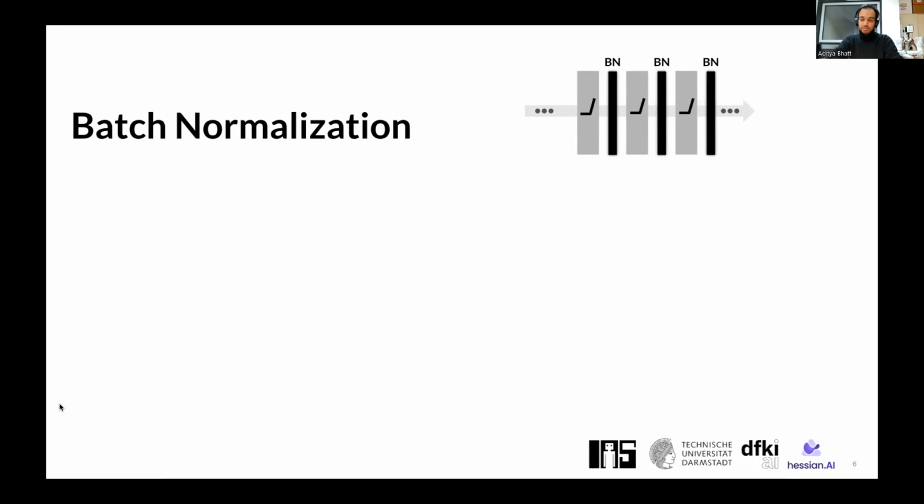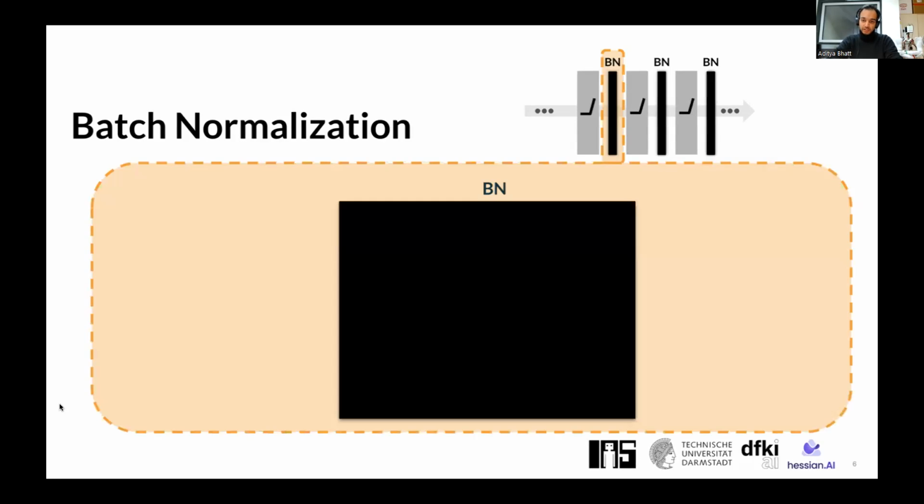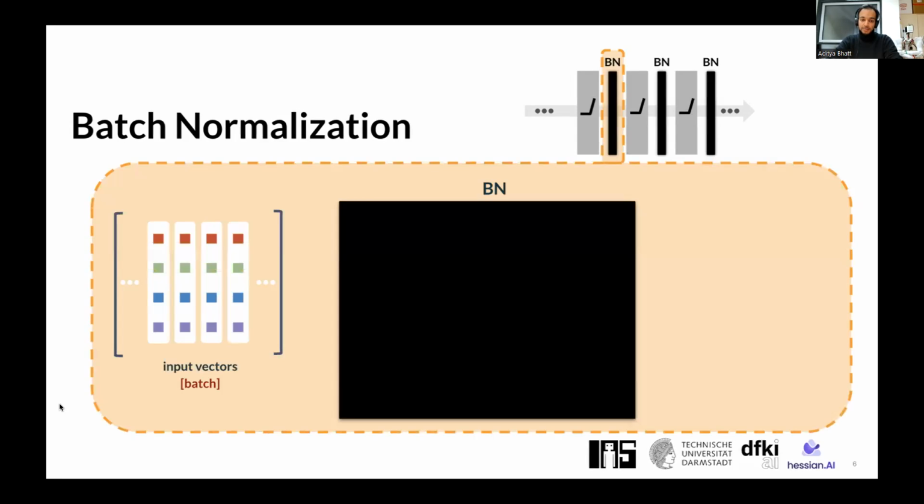So now let's blow this up. What's inside one of these batch norm layers? So the way this layer works is you got an incoming batch of samples. So these samples are feature vectors, one for every data point. And let's say that this feature vector has a bunch of different entries inside of it, like red, green, blue, and purple.